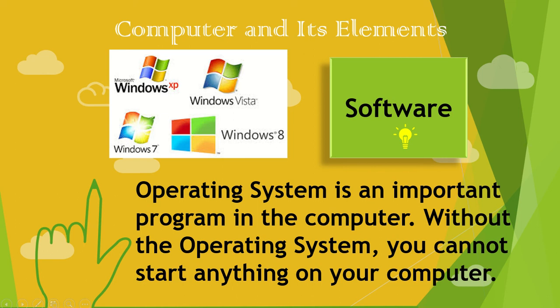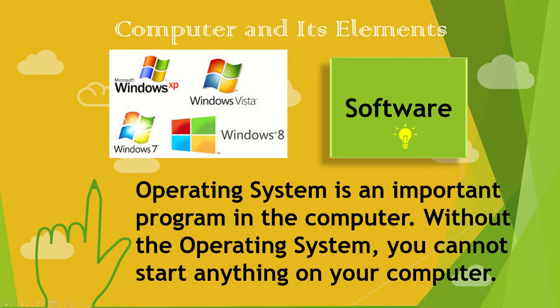First is the operating system. It is an important program in the computer. Without the operating system, you cannot start anything on your computer. The operating system is installed in the computer so we can experience how to use it.